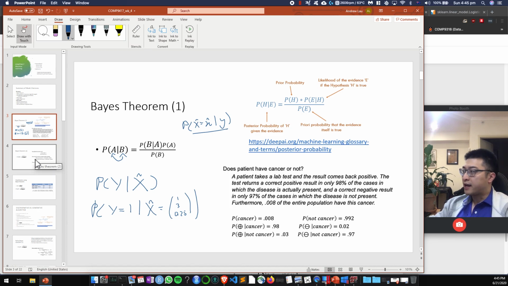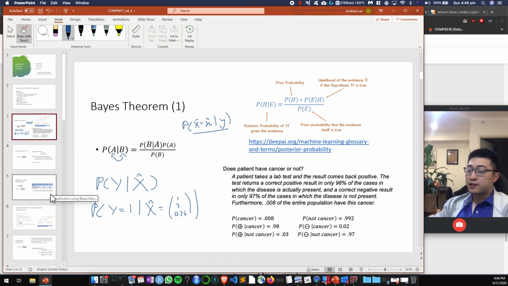But maybe I'm jumping ahead of myself. Let me give you a simpler example first, to make it a bit more concrete. Just keep in the back of your mind that Bayes' theorem allows you to swap the A and the B. The probability of A given B can be expressed in terms of the probability of B given A. It's a nice little trick to swap things around.